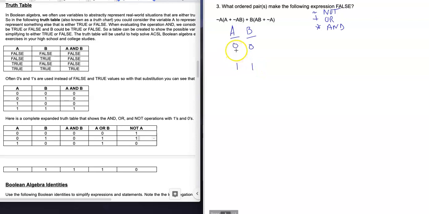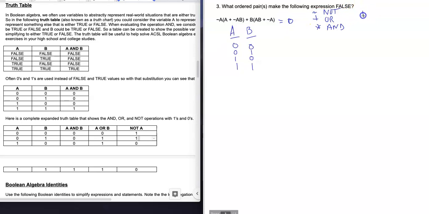But the A could be false when the B is true, or the A could be true when the B is false. So there are four possible ordered pairs that we could have to consider and plug into this full expression to see if it simplifies to true or false.